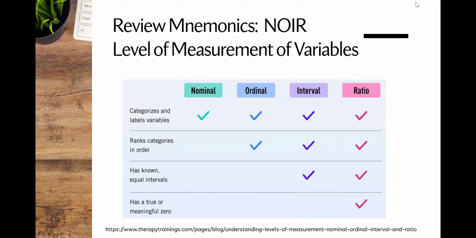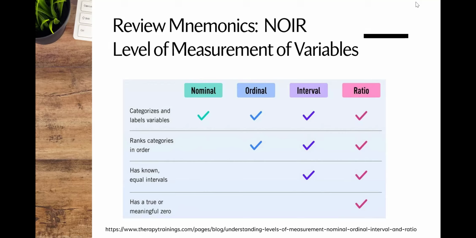At nominal level of measurement, variables are categorized and labeled. At ordinal level, the same characteristic and then ranks categories in order. At interval, you have known equal intervals, and the perfect example of interval would be temperature, to signify that there is no true or meaningful zero in interval.